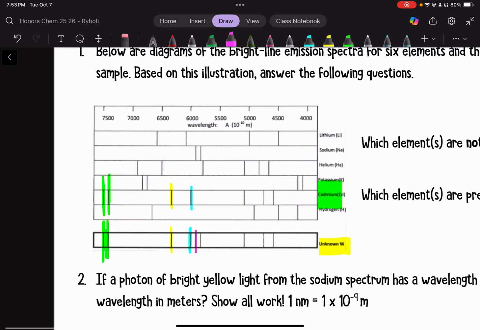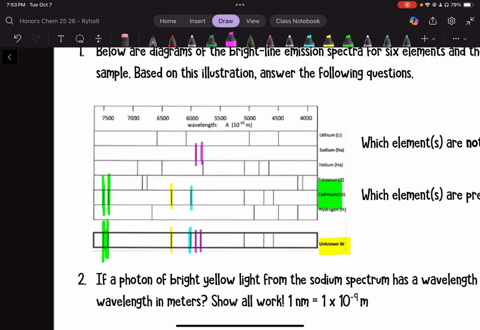We have these two here, and if I look up here, I see that I have these two here. So I think sodium probably is part of our sample, but those are the only two lines on the sodium spectrum. All of sodium's fingerprints, quote unquote, are present in the sample, so we could say sodium is in our sample.